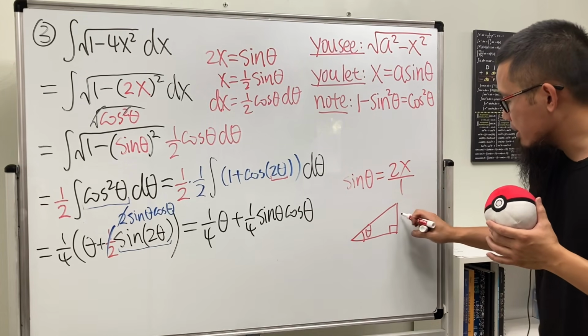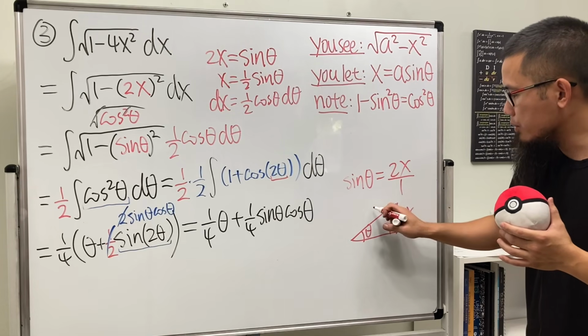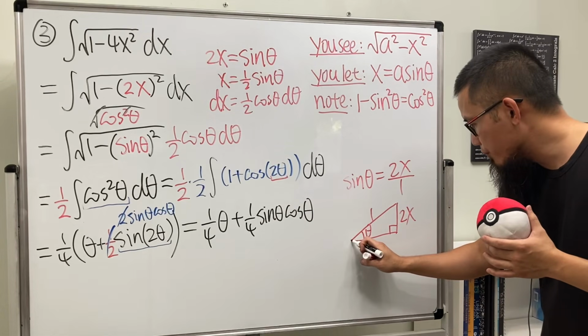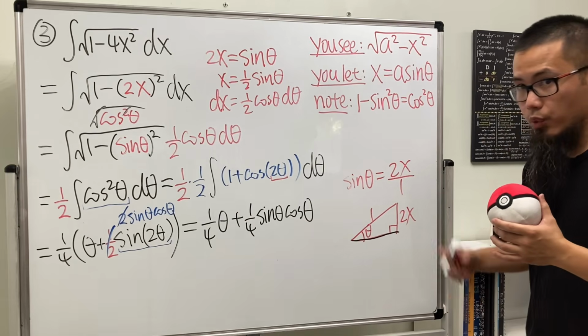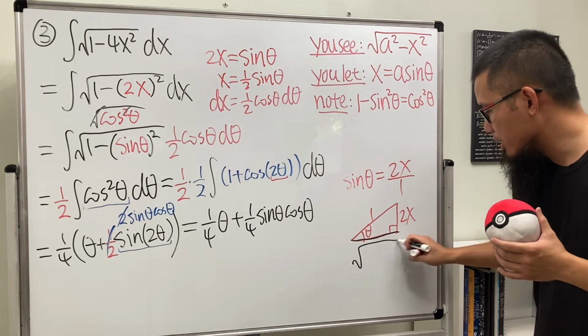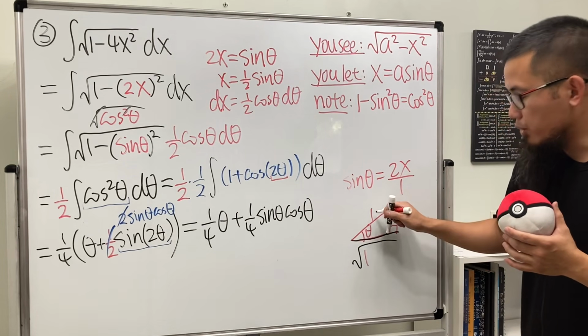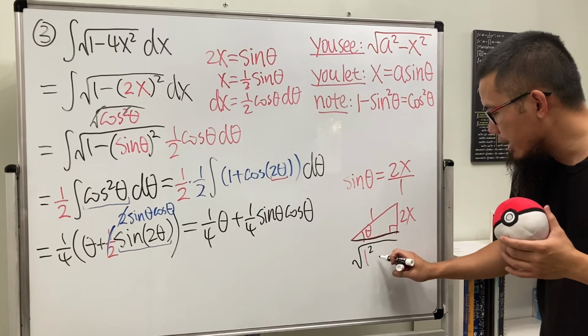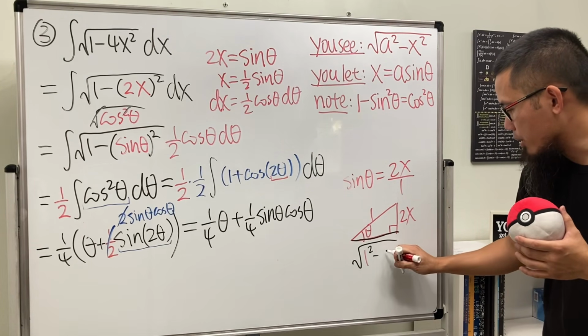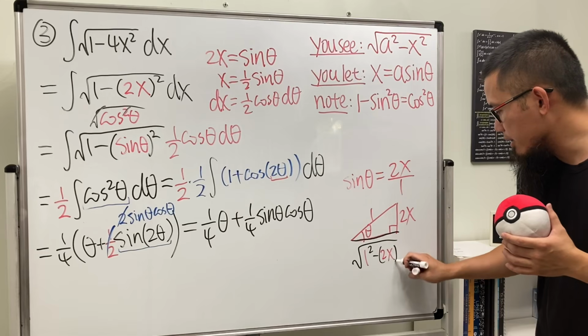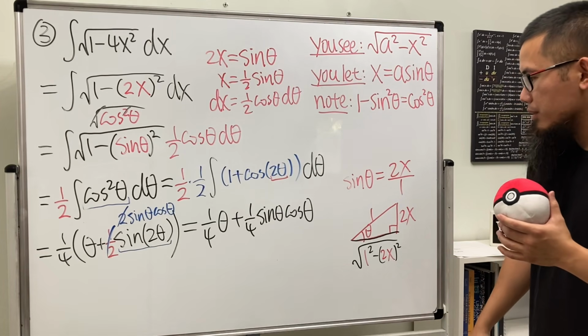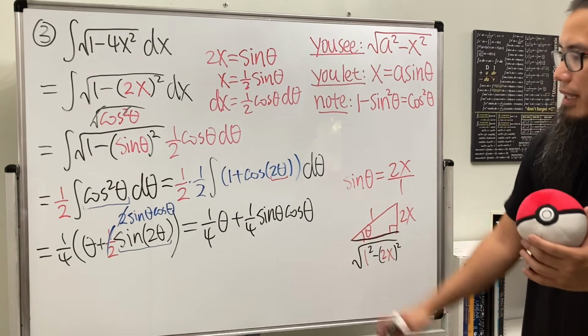Sine is opposite over hypotenuse. So now we are going to figure out the adjacent, which is square root of this thing squared. So be sure you do the hypotenuse squared first, and then minus this thing squared. So we'll have the 2x and then squared. So this is pretty much all we need. Let's go ahead and figure this out.